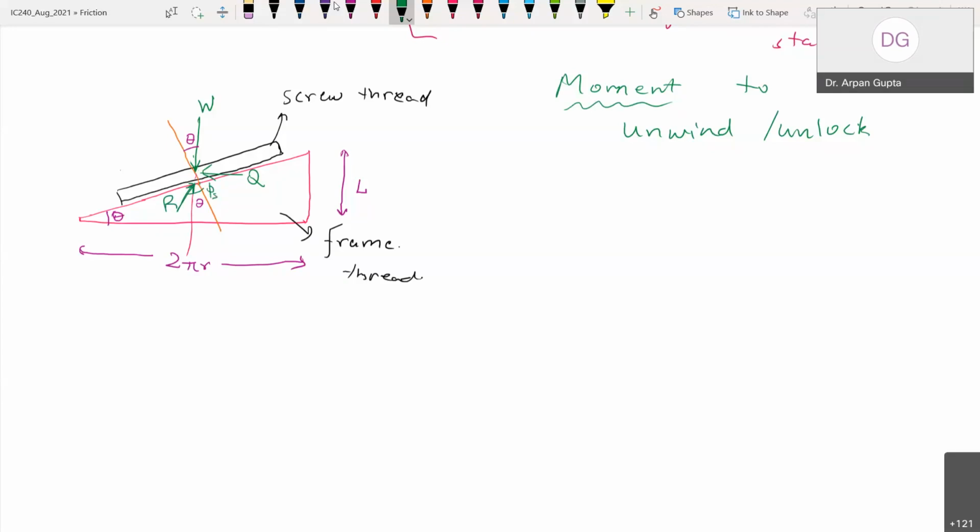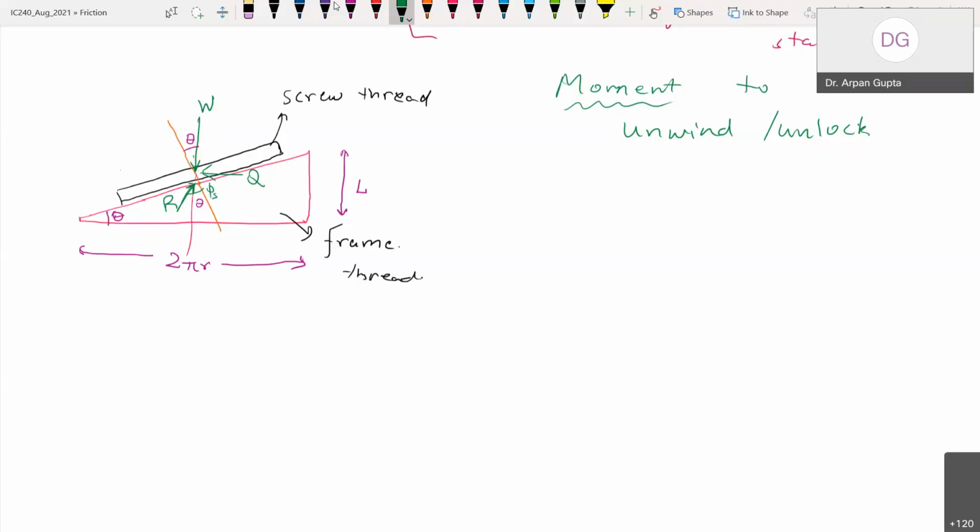Okay. So we are considering that theta is smaller than phi for the stability case. So this is a stable screw where theta is less than phi, or phi is greater than theta, and therefore your resultant can go beyond theta, as you can see here. And now we can say that the system is in equilibrium.